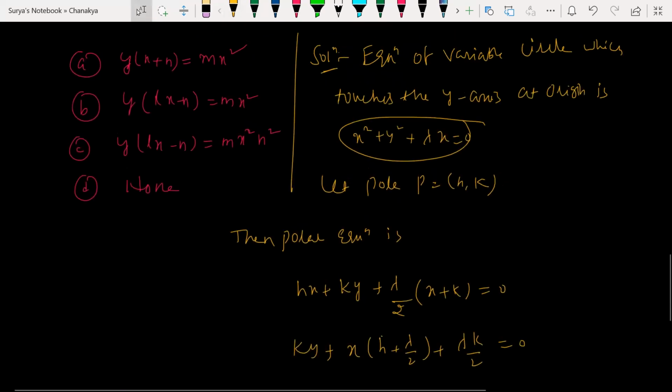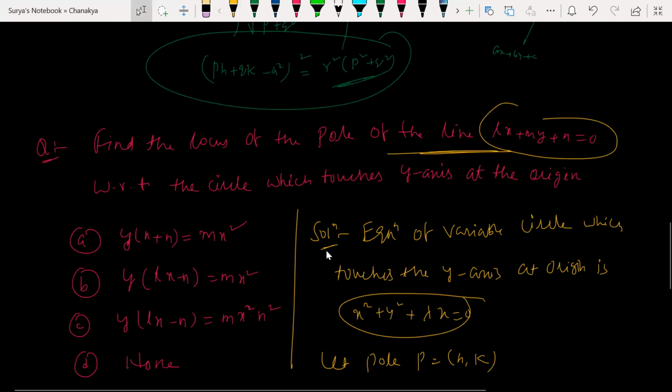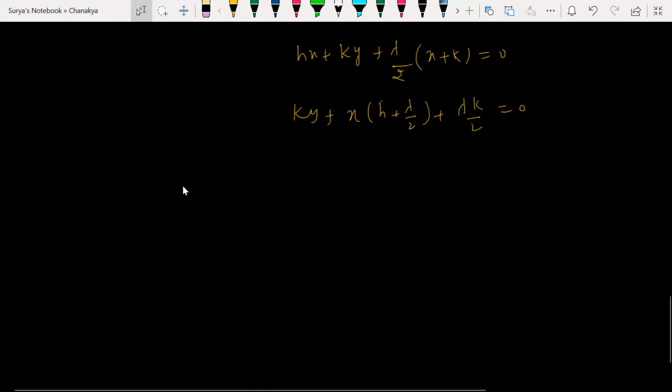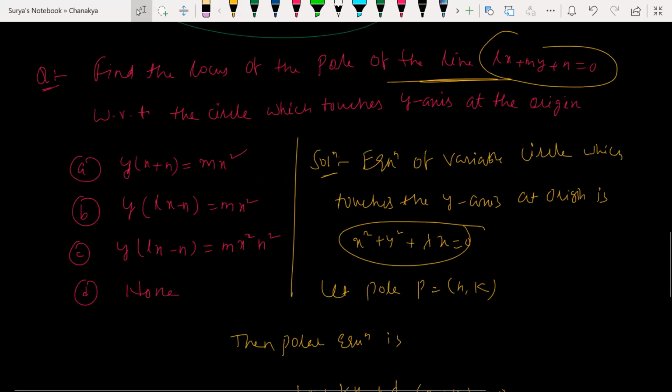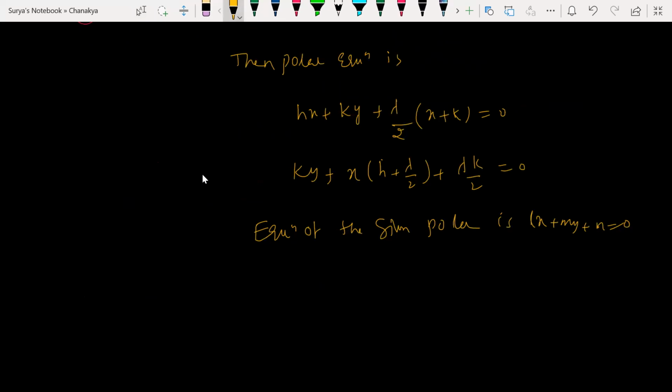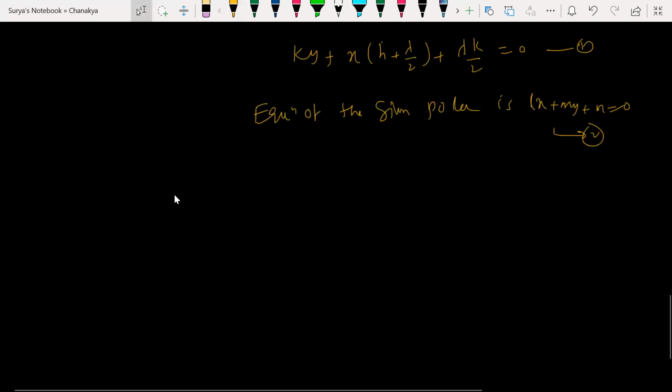What is the equation given here? The equation of the given polar is Lx plus my plus n is equal to 0. Let this be equation 1 and this equation 2. Compare the x and y variables. I need to find h.